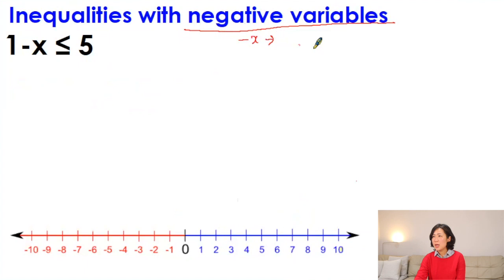Minus x means you've got a minus 1 in front of x, so your coefficient is minus 1. If you've got minus 3x, that means minus 3 is the coefficient. All these numbers are negative, but so far we have dealt with all positive numbers. Now since you've got minus numbers in front of your x, let's see what will happen.